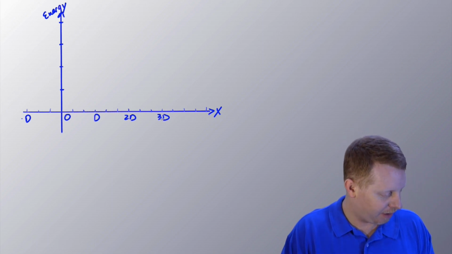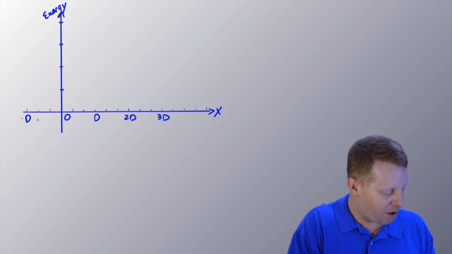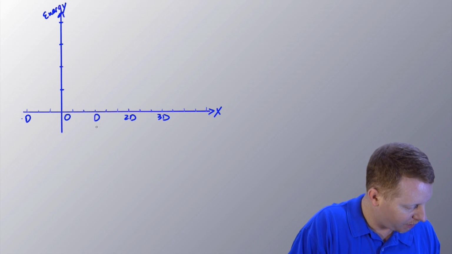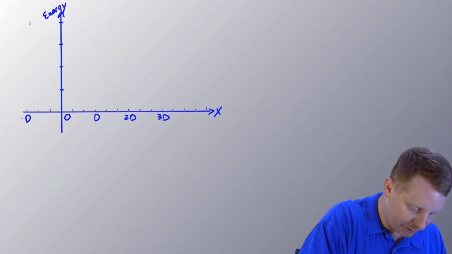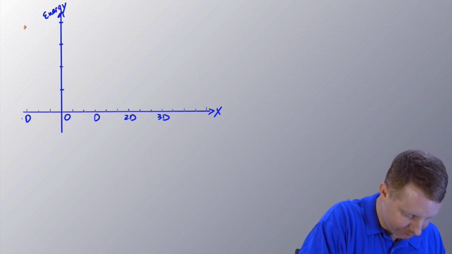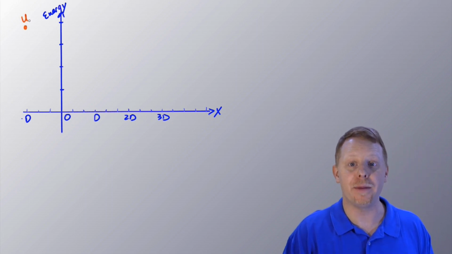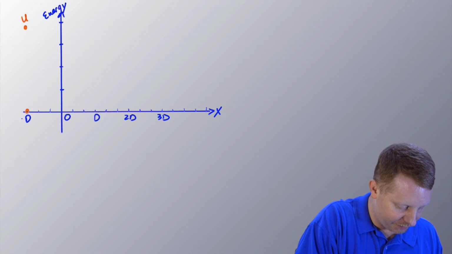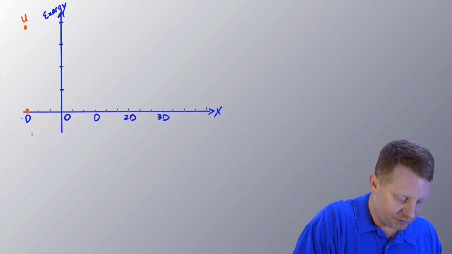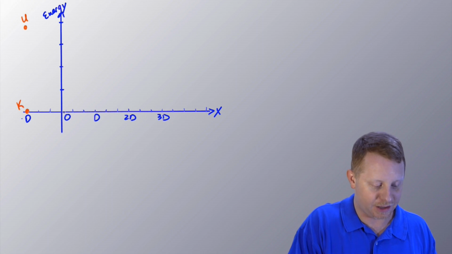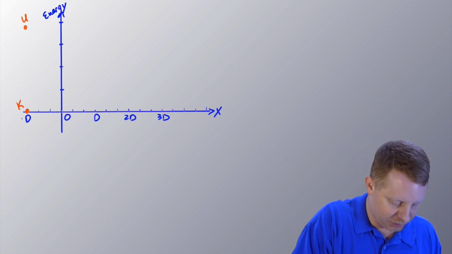When we're at negative d, all of the energy is stored as elastic potential energy. So I would probably come up here and make that our maximum for our elastic potential energy, and it's not moving at all, so kinetic energy at that point is going to be 0. So there's our kinetic energy. Now when we get to x equals 0, the elastic potential energy is 0.